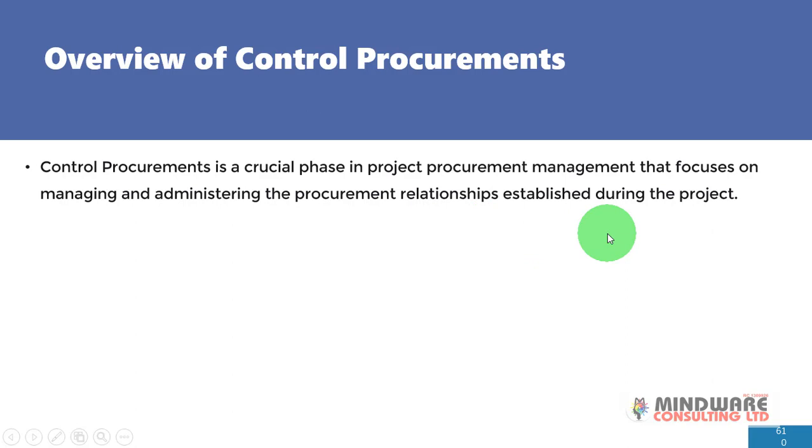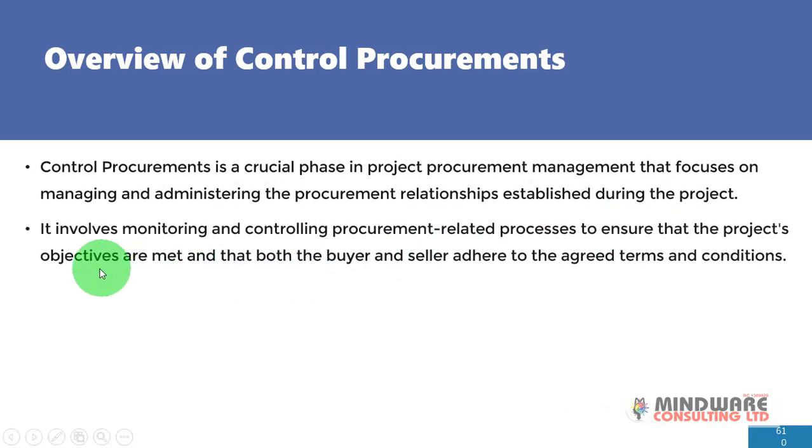I hope that's clear. So it involves monitoring and controlling procurement related processes to ensure that the project's objectives are met and that both the buyer and seller adhere to the agreed terms and conditions.